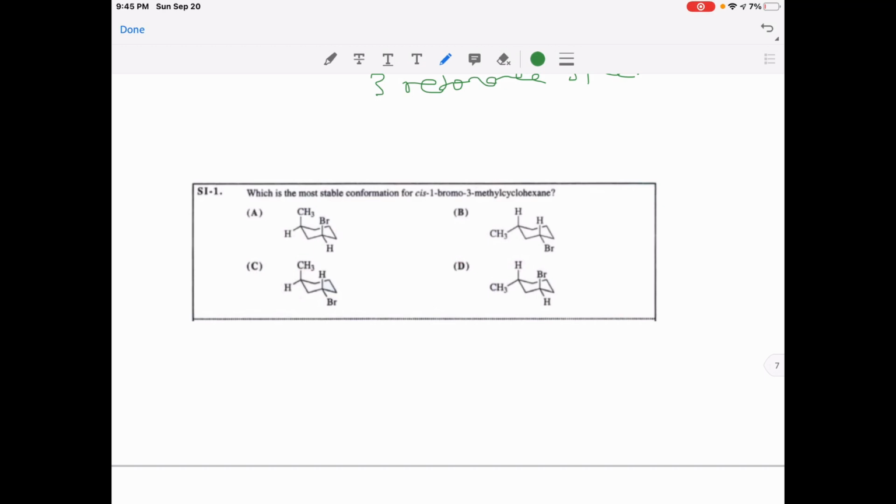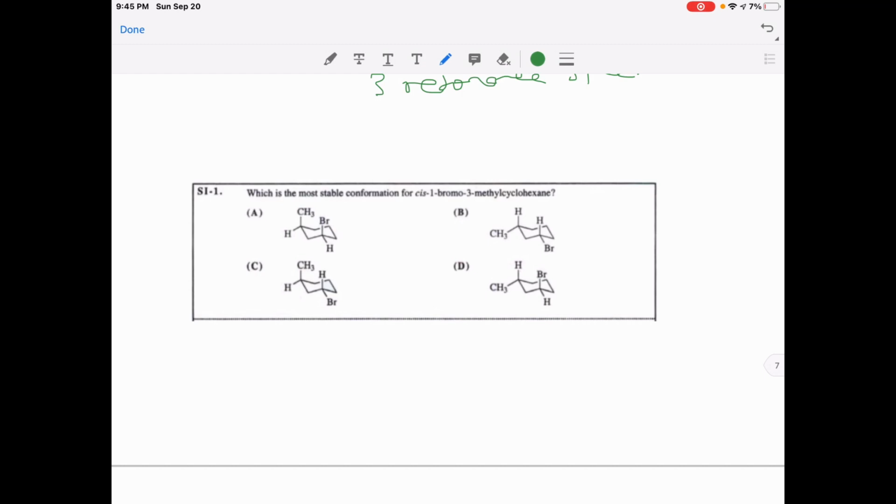For the next problem, it asks us for the most stable conformation of cis-1-bromo-3-methylcyclohexane. When we look at this molecule, remember, as I mentioned earlier, the issue of 1,3-diaxial interaction is something that you really need to consider when you're evaluating the stability of a cyclohexane molecule and its substituents.